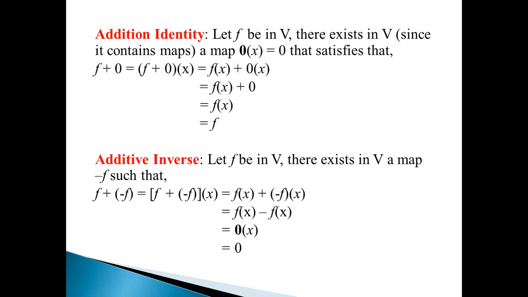Additive inverse: what you want to show is that there is a map that when you add to f, you get a zero vector, which in our case is the zero map. For any f in V, such a map will be minus f. Following the definition of addition and applying property C of proposition 1.1 we introduced, we indeed show that f plus minus f is the zero map.